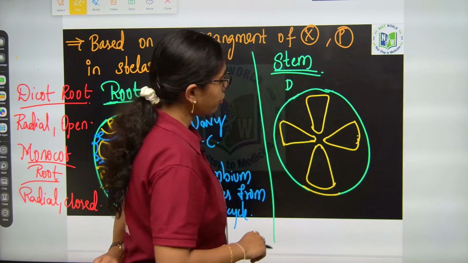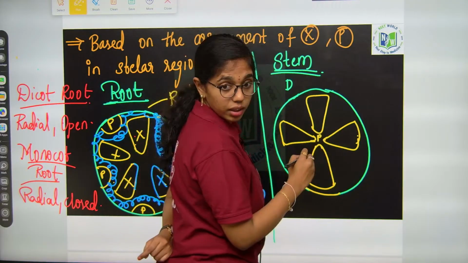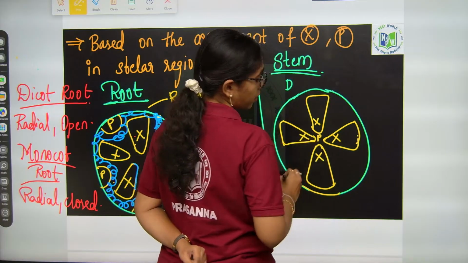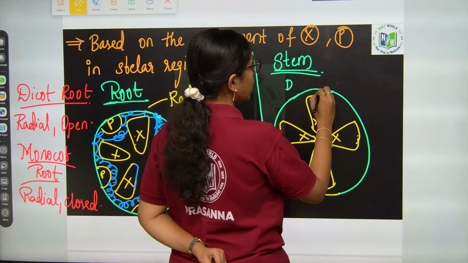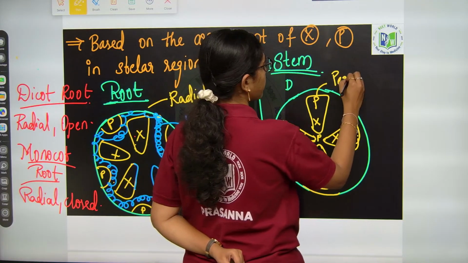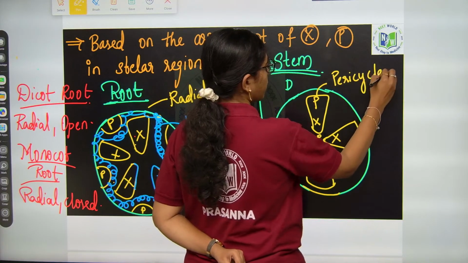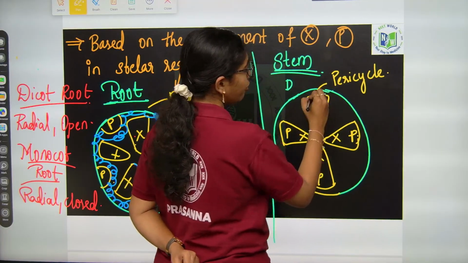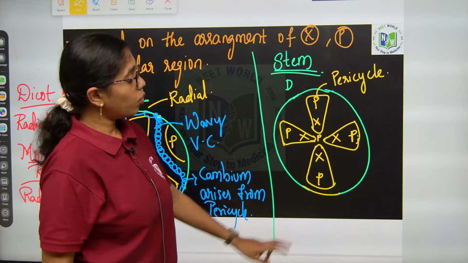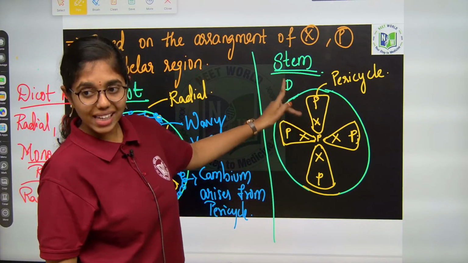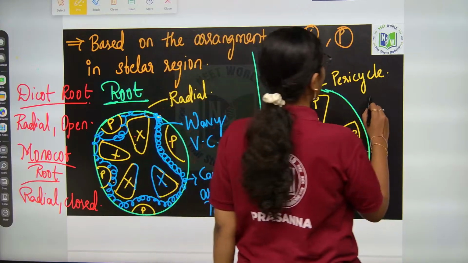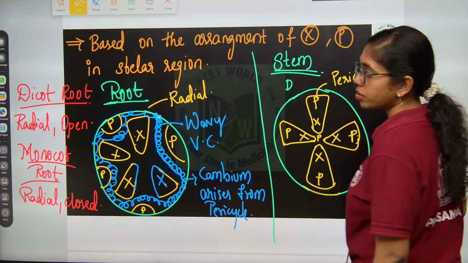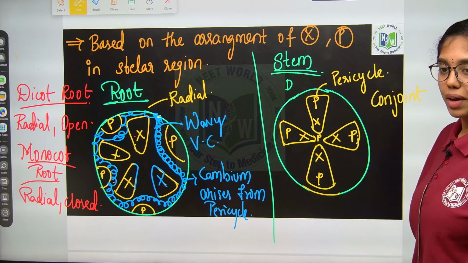At the center you have pith, and xylem close to the pith, phloem towards the pericycle. Xylem and phloem are at the same radii. When xylem and phloem are arranged on the same radius, this pattern of vascular bundle arrangement is called conjoint vascular bundles.